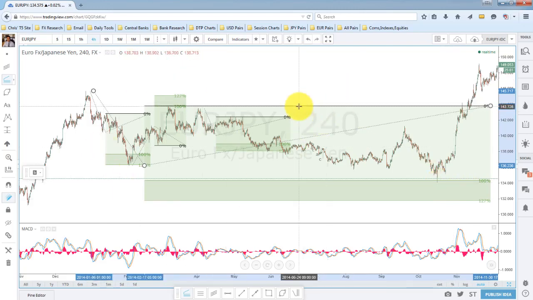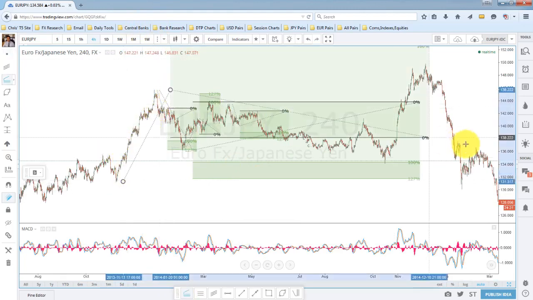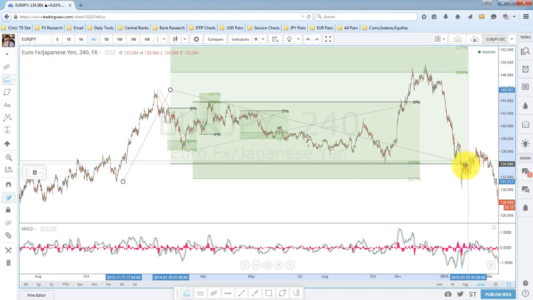You guys starting to see the patterns here? Well, wait a minute. How about this? How about if I take this swing from our low to our high and I pull that back to that 100% we just measured? What about that? 100%. Equal legs. All right, you're starting to get the point here.